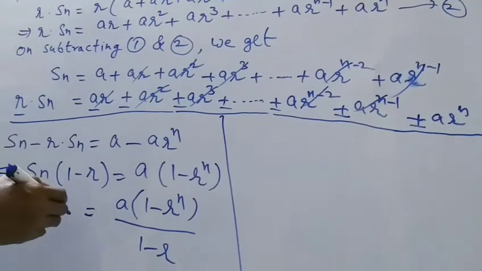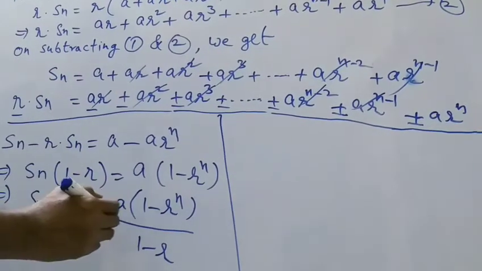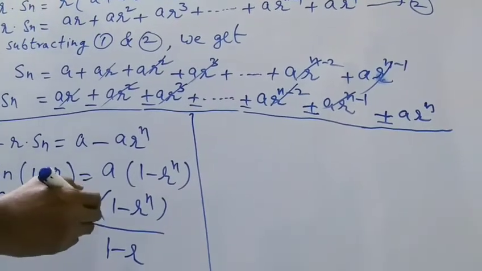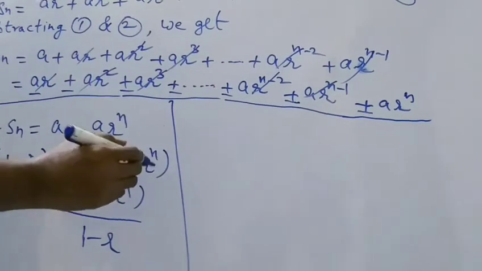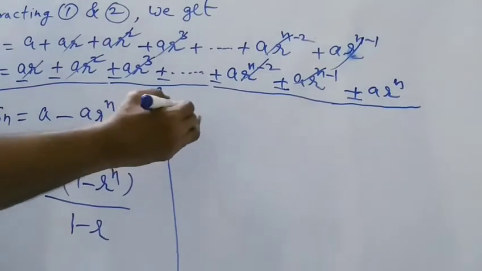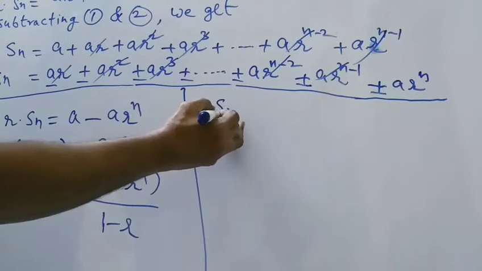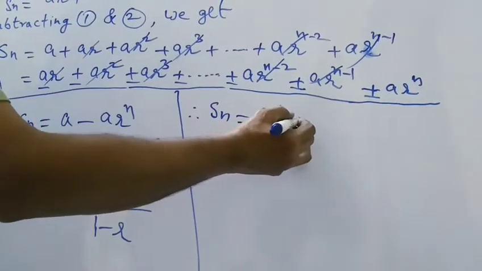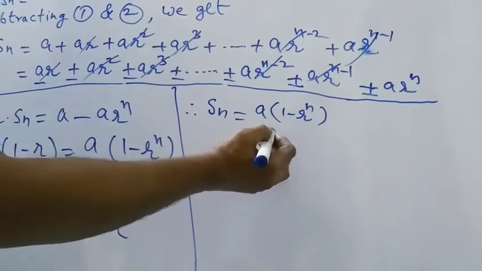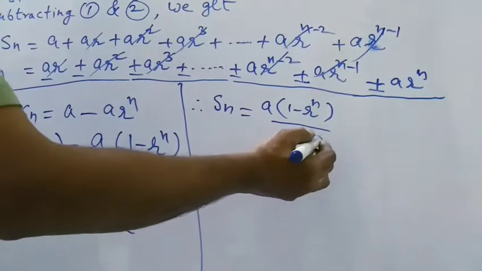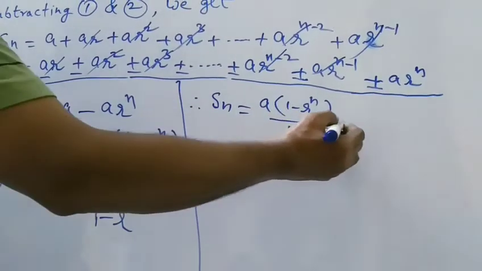Sum to n terms is equal to a of 1 minus r to the power of n by 1 minus r. For these two conditions, therefore Sn is equal to a of 1 minus r to the power of n by 1 minus r. When is it possible?